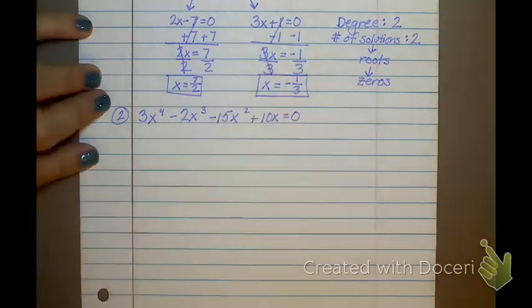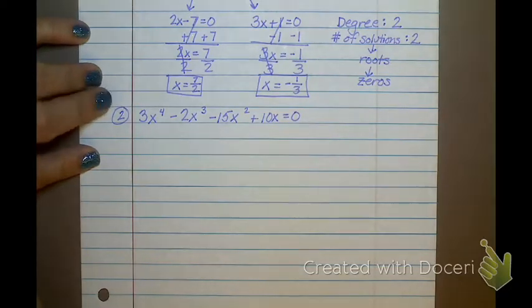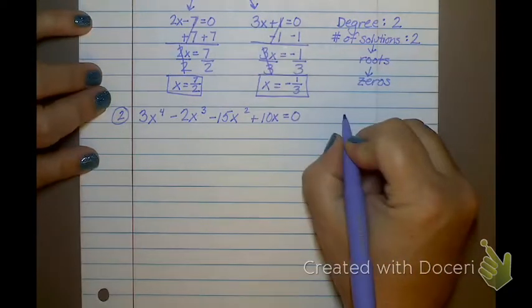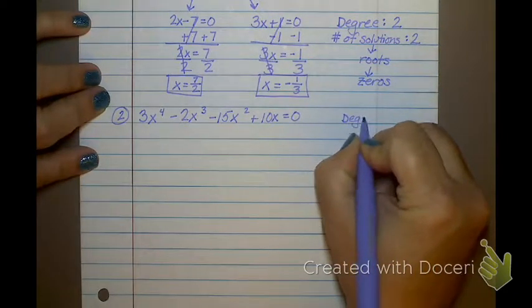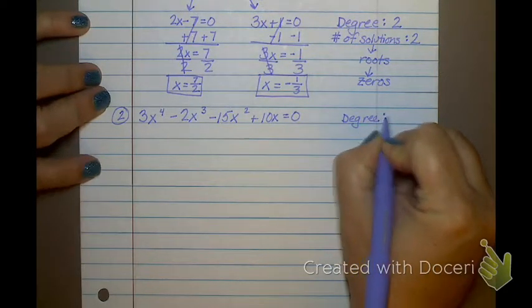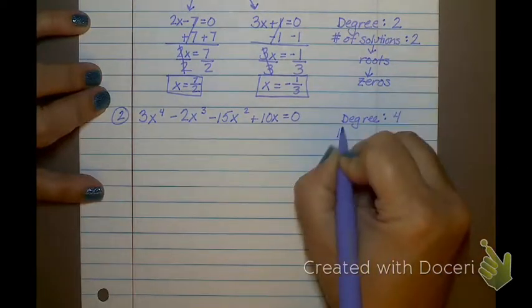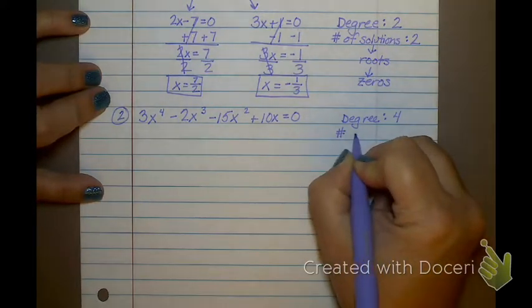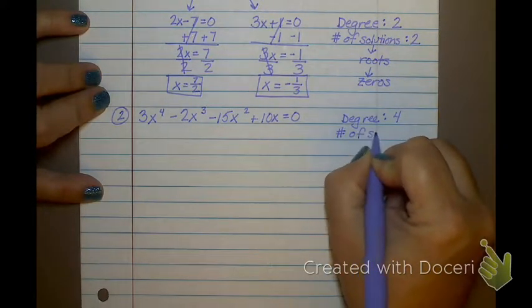Three x to the 4th minus 2x cubed minus 15x squared plus 10x equals 0. All right. So, what's the degree here? 4. Is a 4. How many solutions or zeros or roots do you think we're going to find? 4.